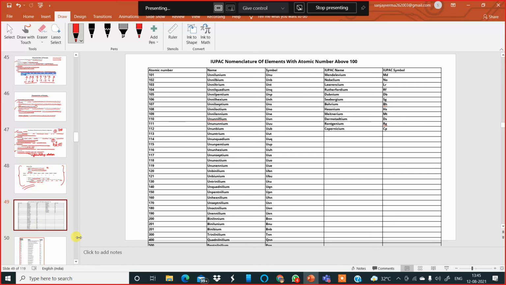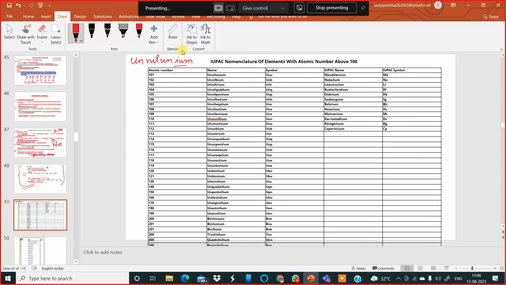Just by looking at the chart, this column 1 and column 2, if you see very carefully over there, 101. 1 means un, 0 means nil, again 1 means un, and then at the end, ium.